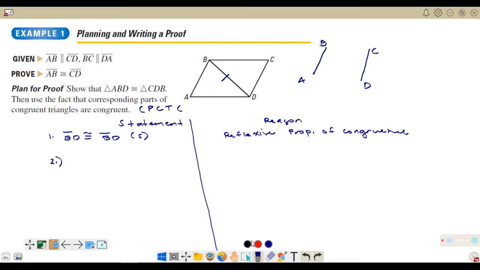Parallel sila. And since parallel sila, let's put a transversal line passing through AB and CD. So, ang transversal line natin ay ito.